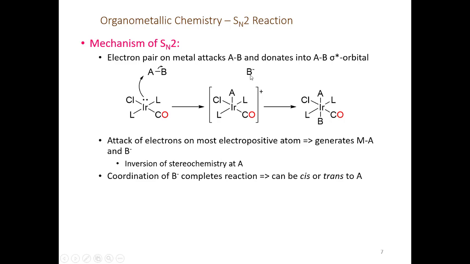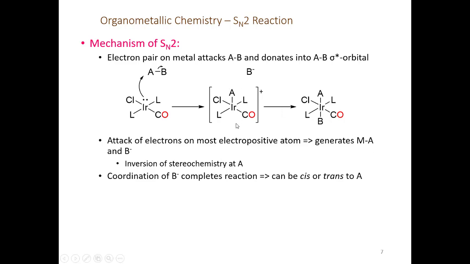B is attracted to this intermediate complex through an electrostatic attraction, but B is free to coordinate to the metal center at any vacant site. And you can see in this particular complex, it actually coordinates trans to A. This is in contrast to a concerted mechanism where A and B have to be cis initially. It's only through isomerization that they would end up trans.